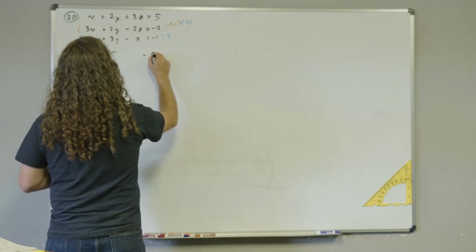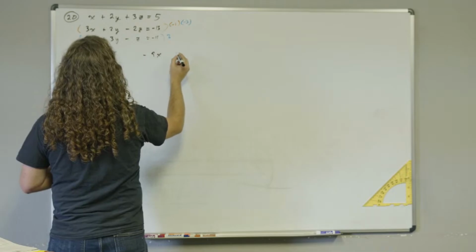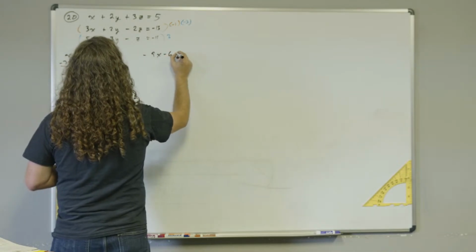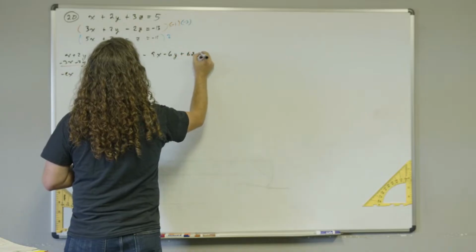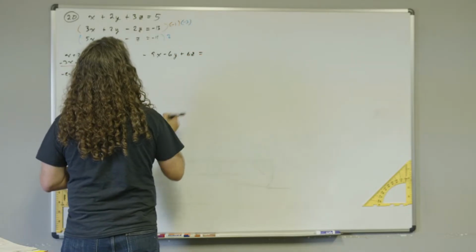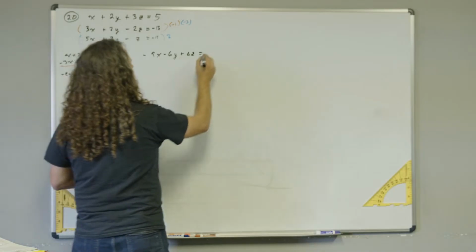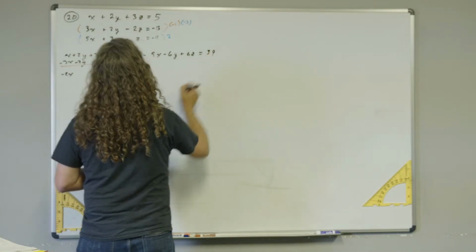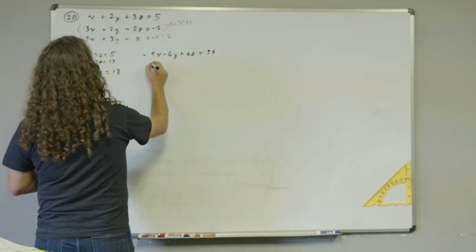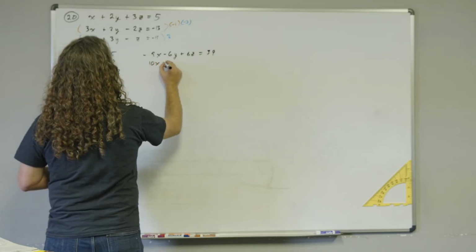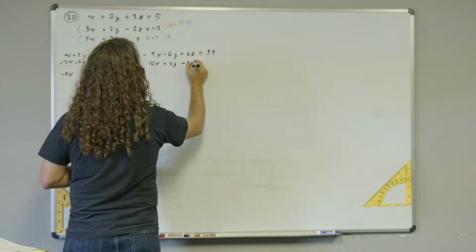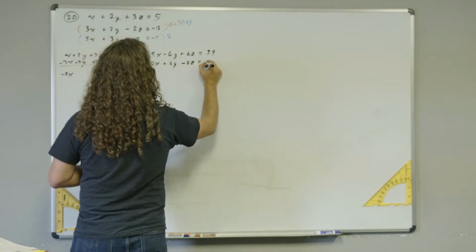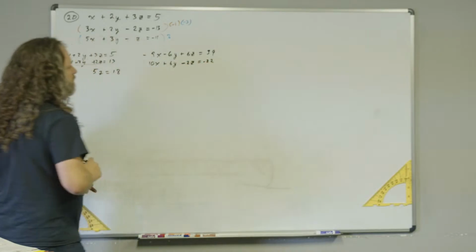So, negative 9x minus 6y plus 6z equals positive 39. 10x plus 6y minus 2z equals negative 22.